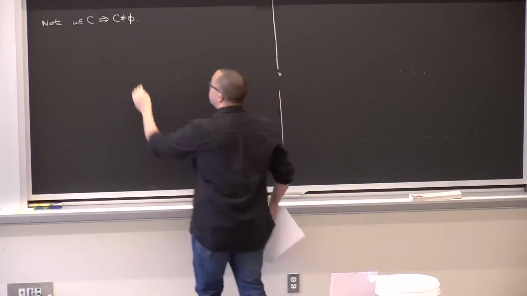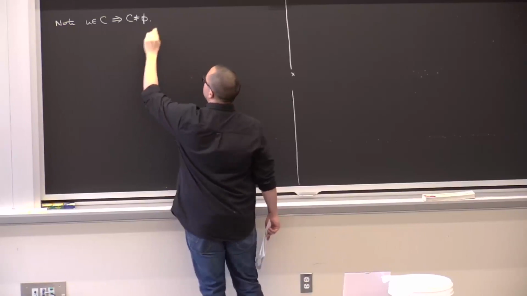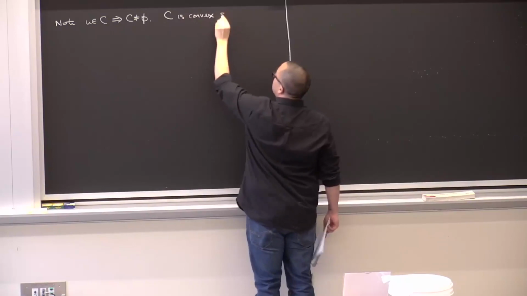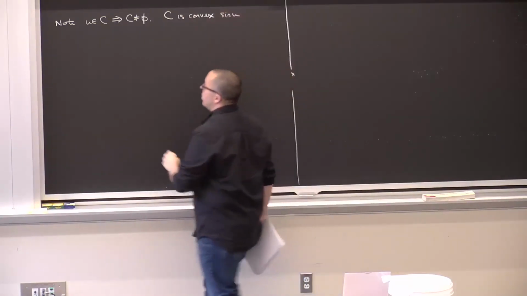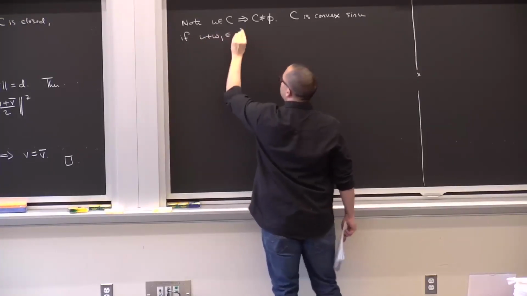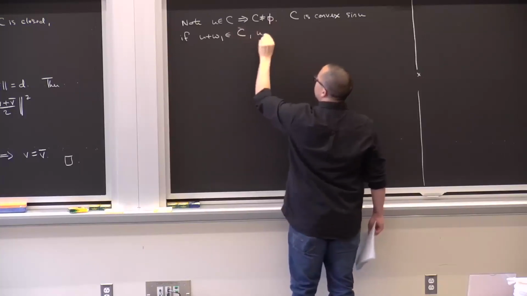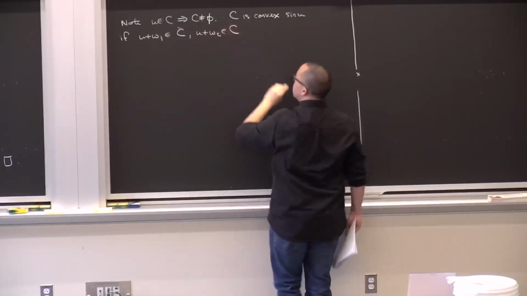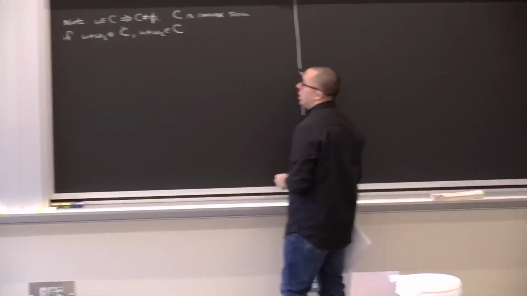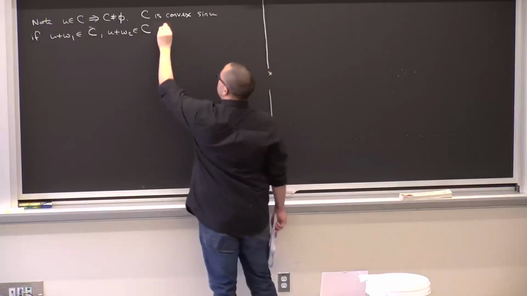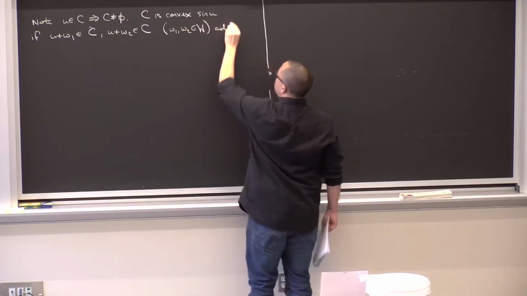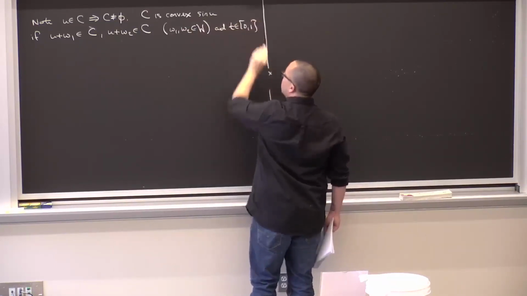First let's do the easier bit: that it's convex. Suppose u plus w1 is in C and u plus w2 is in C. These are two elements in C, of the form u plus an element of capital W, where w1, w2 are in capital W, and t is between 0 and 1.